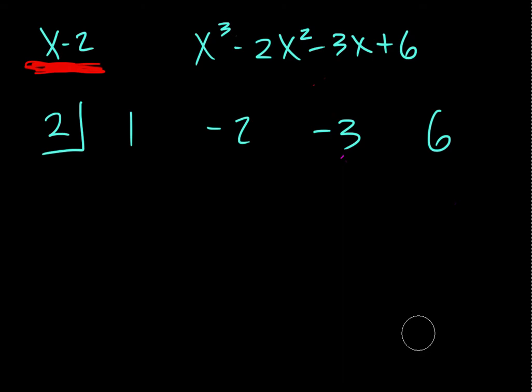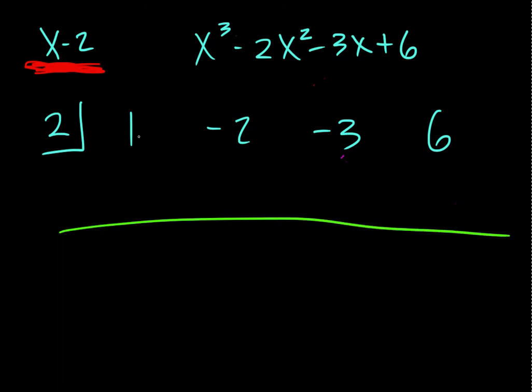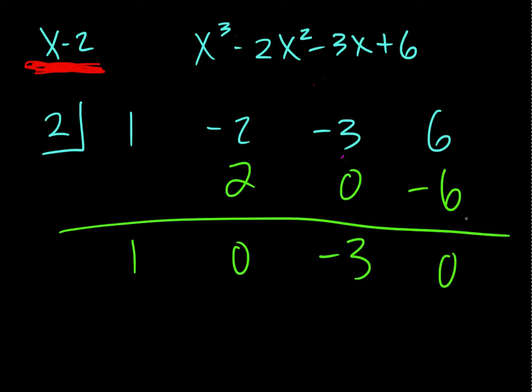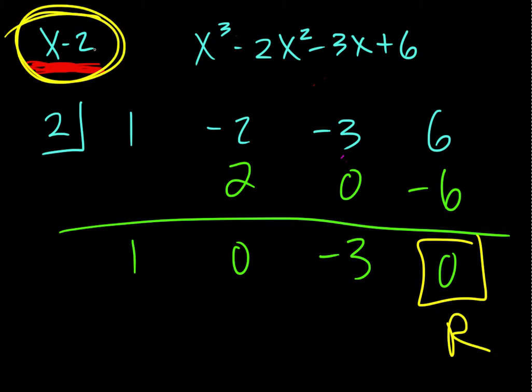Let me just draw a line right here. We drop the first one down, then we multiply by that, so that's a 2. We add, we multiply, add, multiply, add. Now the last one is the remainder. So that should be 0 because we know that that was a factor.